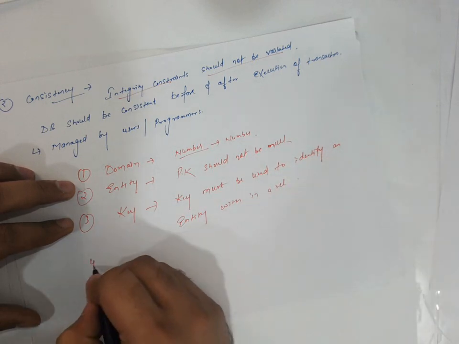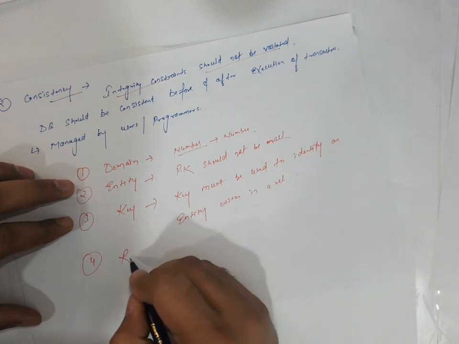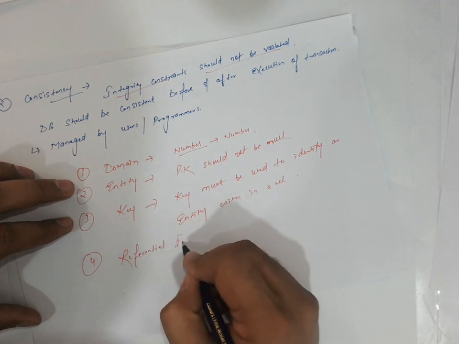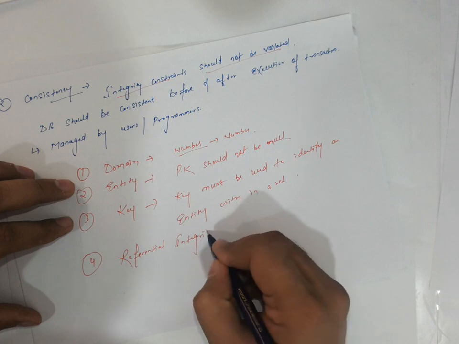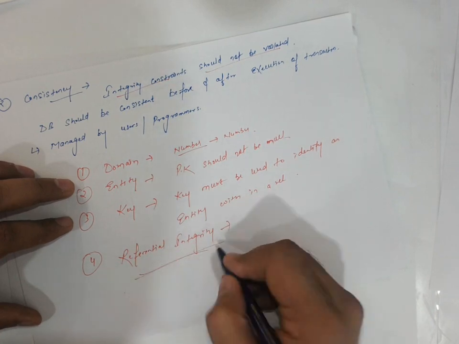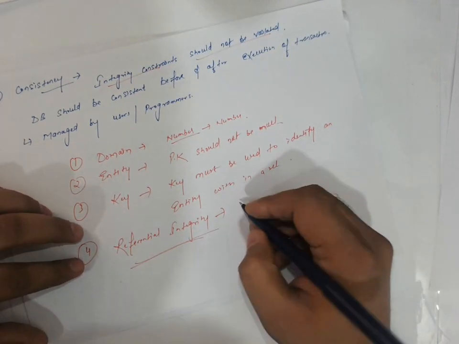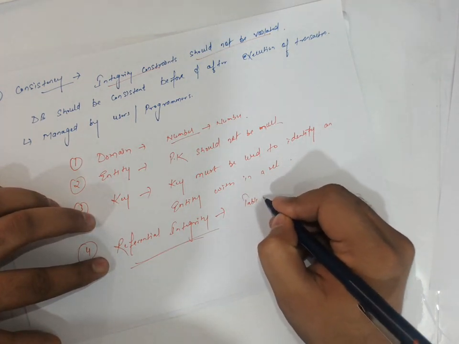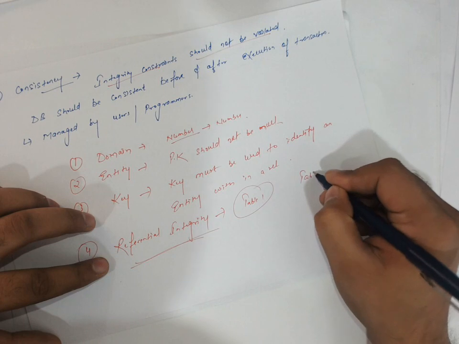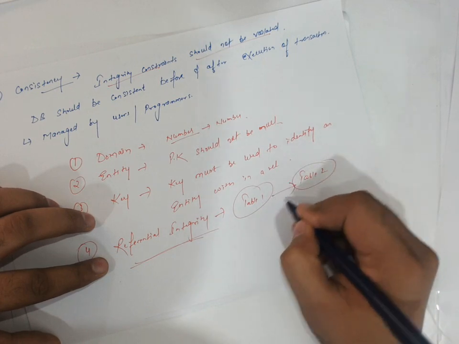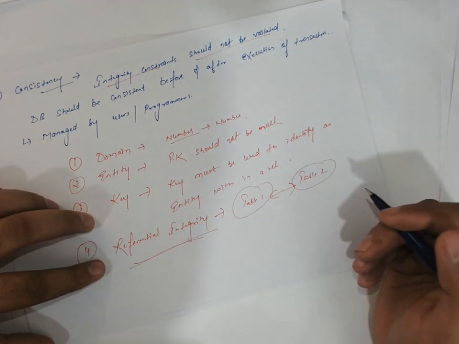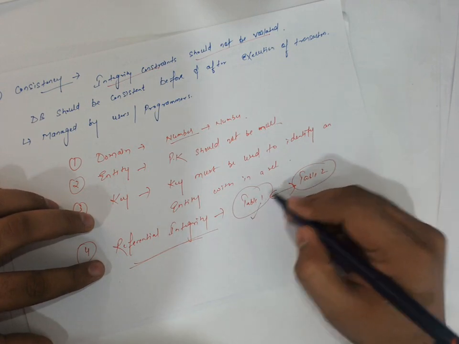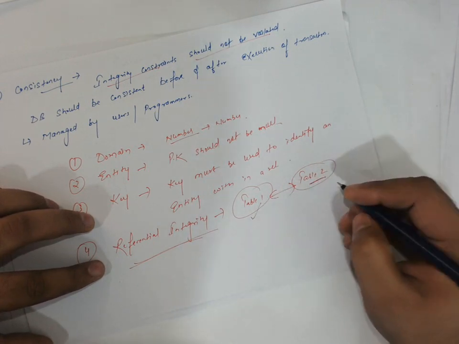The last one, which is very important, is referential integrity. Referential integrity says that if there is a linkage between two tables, table 1 and table 2, with the help of a foreign key, and you are trying to delete a value from the first table that is linked to table 2, then it should not be allowed.